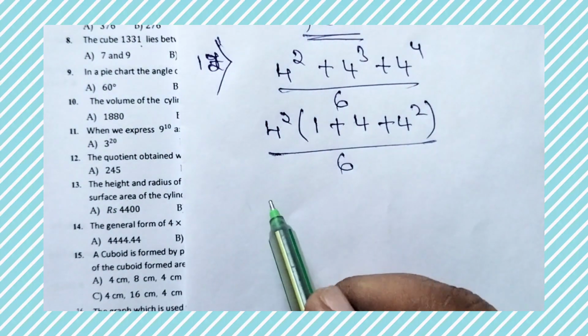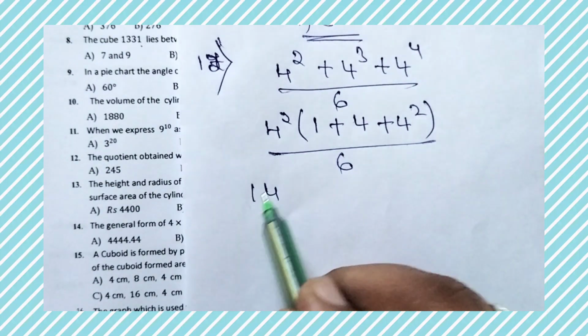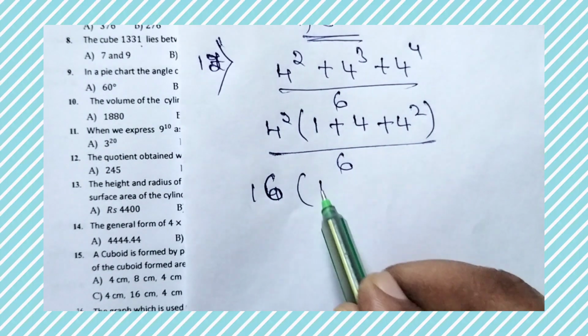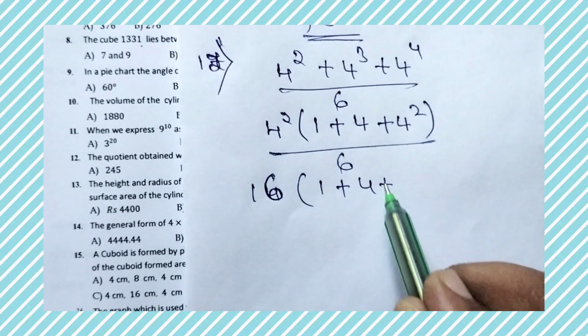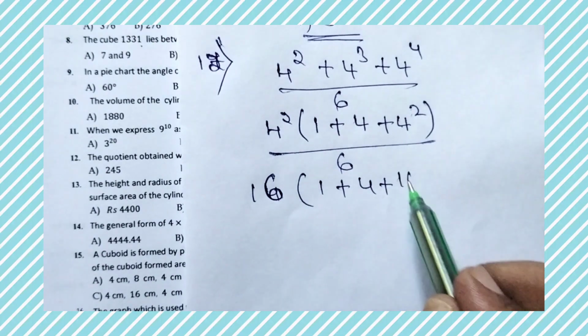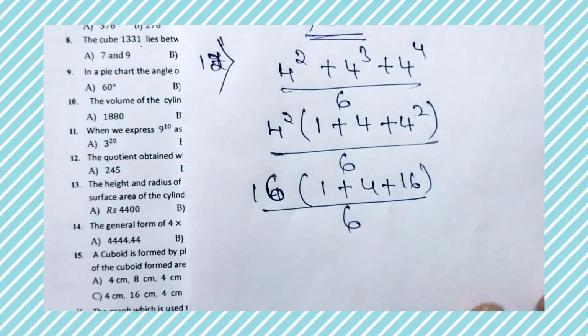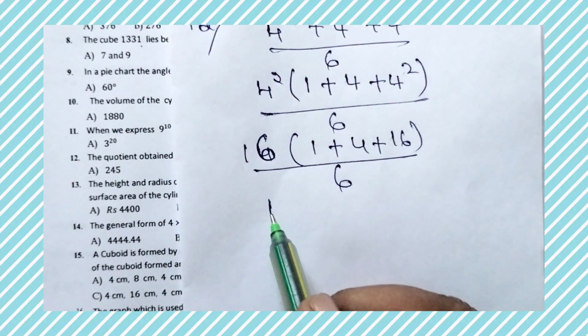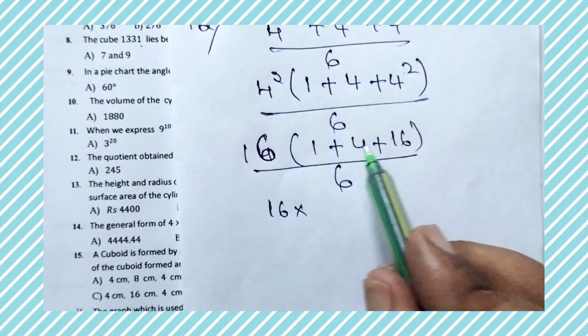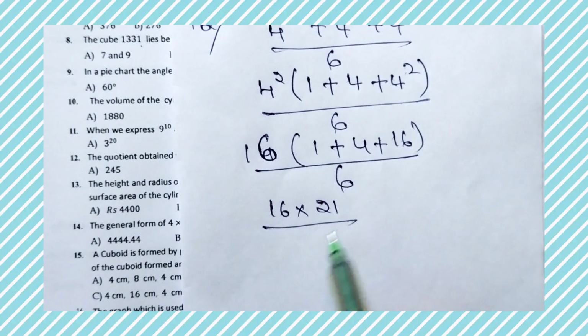Divided by 6. 4 to the power of 2 will become 4 4s are 16. 1 plus 4 plus 4 to the power of 2 means 16, divided by 6. So now 16 into 1 plus 4 plus 16 is 21 by 6.